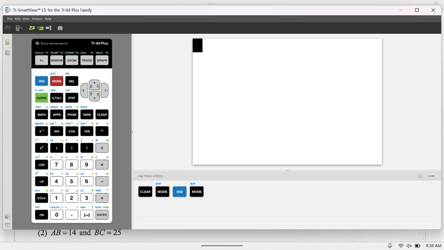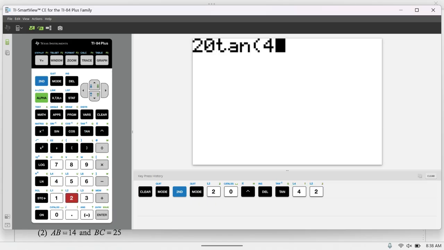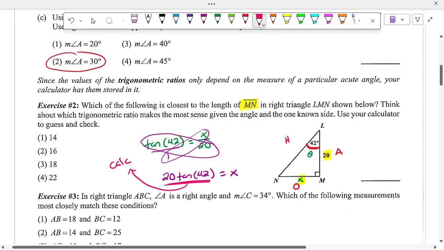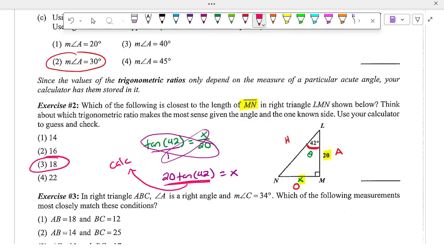So in my calculator, I'm going to type in 20 tangent of 42, close the parentheses and then hit enter. So my side, MN, is about what? 18.3.